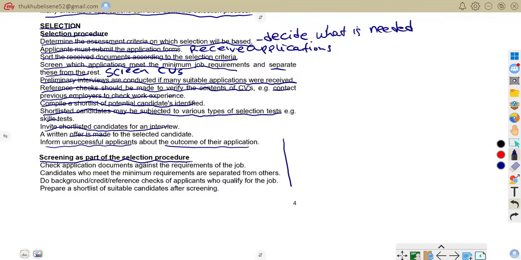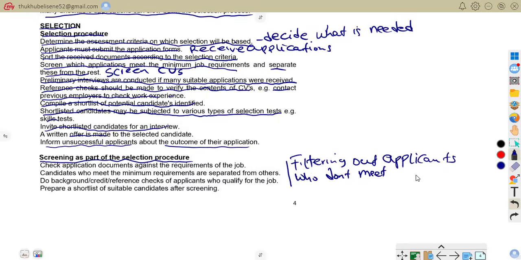For example, you reject an applicant for a driver position who has no license. So that's what it means.